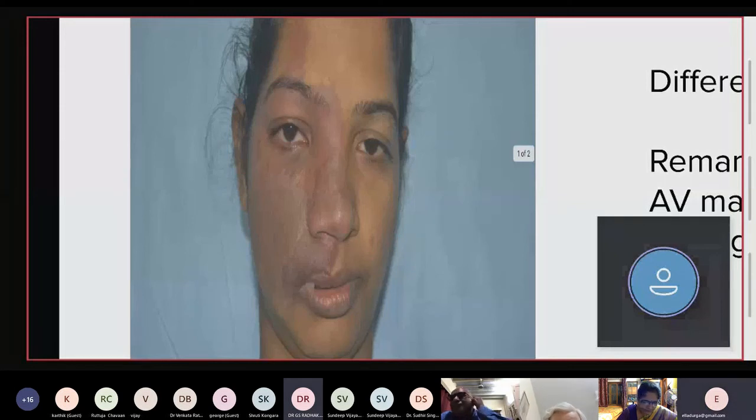You said the differential diagnosis is involuting hemangioma. Because of the pigmentation, can you give any other differential diagnosis, leaving aside the small soft tissue involvement in the upper lip? If only pigmentation is seen, can you think of any other differential? Any congenital nevi can present like this.